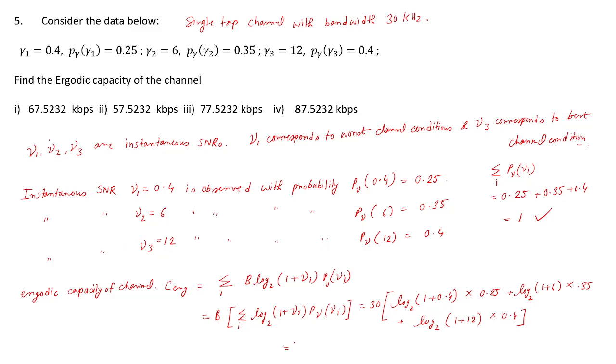It comes out to be 77.523 up to third decimal. Okay, the answer is in fourth decimal, so you include the fourth decimal number also, kbps. So let us see which of the options matches. It's option C, 77.5232 kbps.